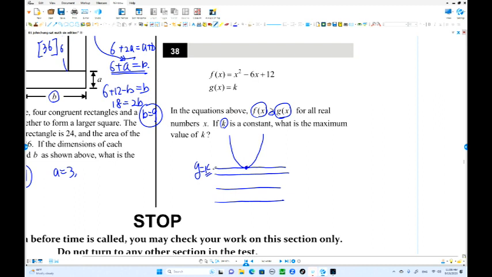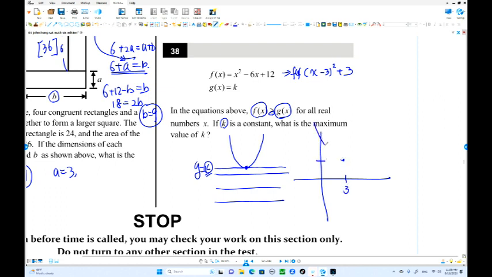The line y equals k, which is horizontal, will pass through the vertex, which is going to give the maximum number. You can use the vertex form. Y minus half, 3 squared, that is 9 plus 3, that is 12. Actually, this one looks like this. When x equals 3, y equals 3.